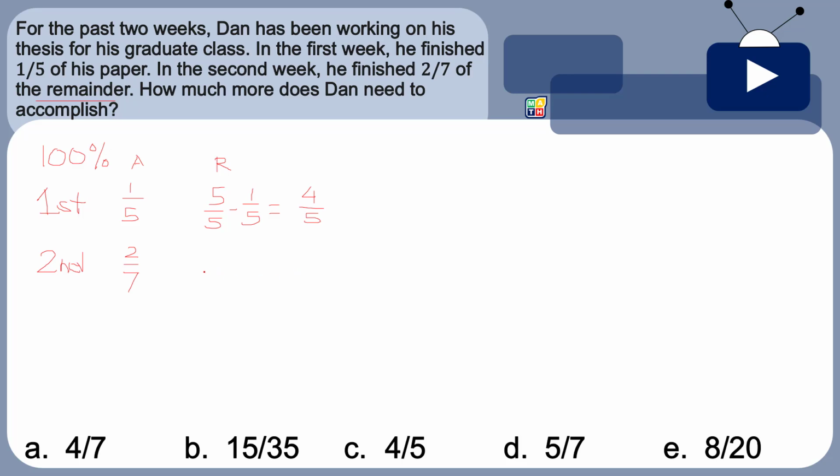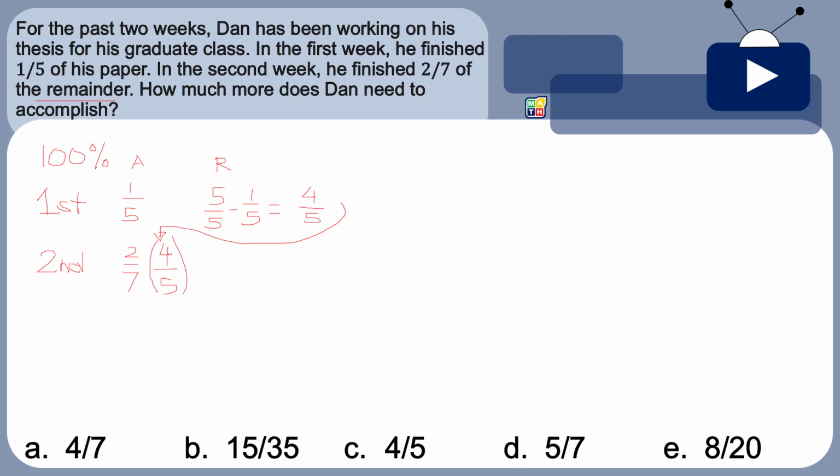The process is we would like to know the total accomplishment of Dan for the second week. So we're going to take 2/7 of the remainder after the first week, 4/5. Take note of that. So this is to be multiplied.